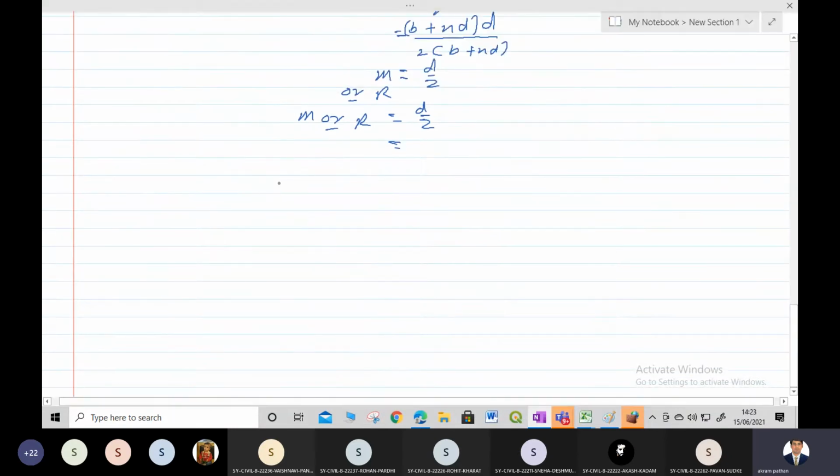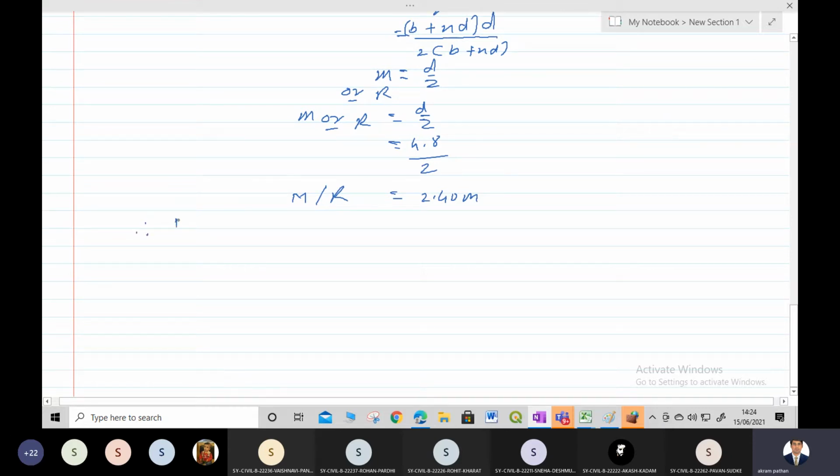So 4.8 divided by 2, you will get capital R, or M, so 2.40 meter. Now we have to find out the discharge.